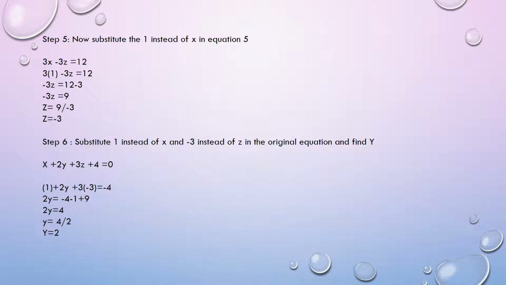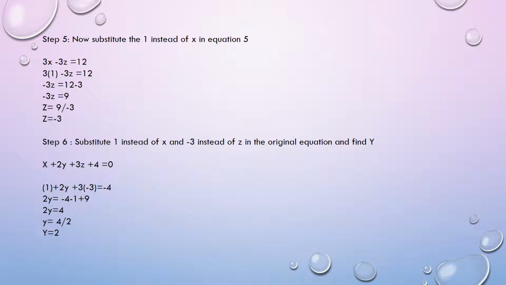Now step 5 is to substitute the 1 for x in equation 5 to find z. So it will be 3 multiplied by 1, which is x, minus 3z equals 12. So minus 3z equals 9, so z is 9 divided by negative 3, which is negative 3.